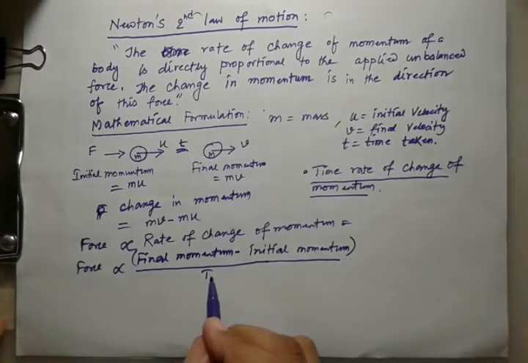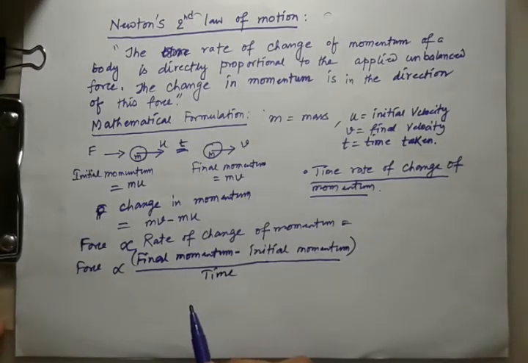The final momentum is mv and the initial momentum is mu, then divided by t.